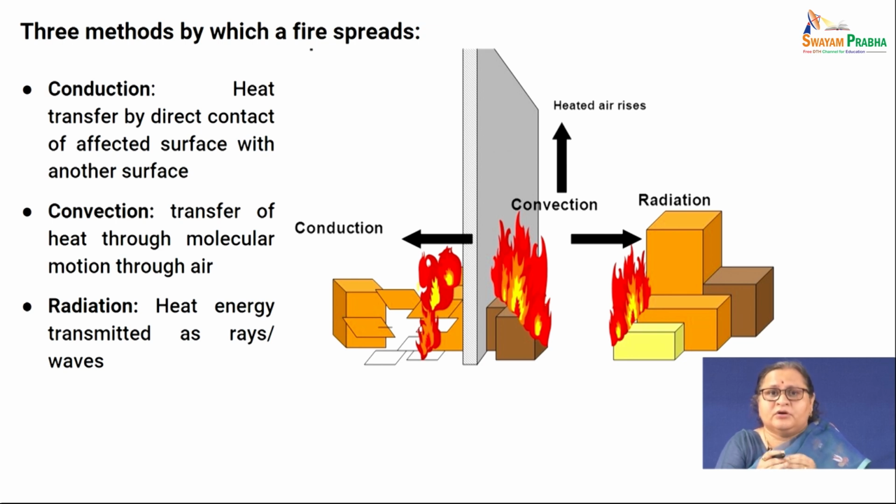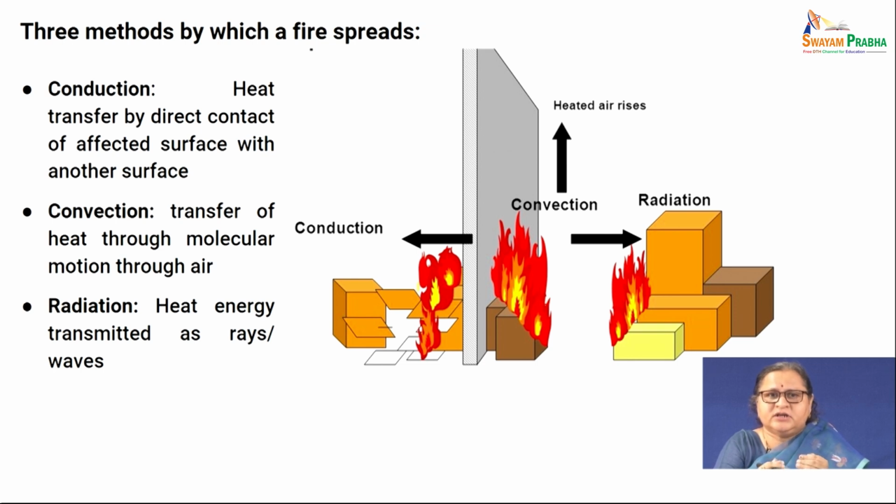If I give you references like slums, a fire may happen in one slum, but because the next slum is very close and the items are very quickly ignitable, ease of ignition is very high because it may be strawboard, it may be straw, it will immediately catch fire and one after the other the slum can get affected by the fire. So, that is what is radiation.